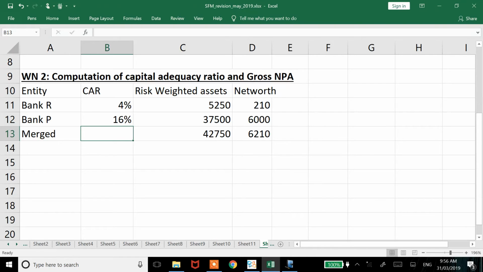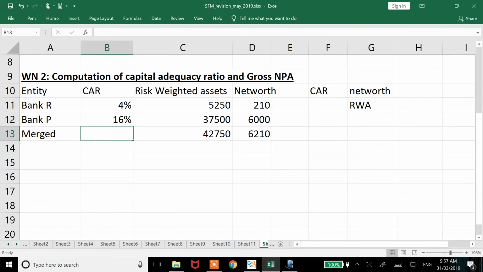You can write the formula: capital adequacy ratio is net worth divided by risk weighted assets. So I have written risk weighted assets in the third column and multiplied the second and the third column to get the net worth.